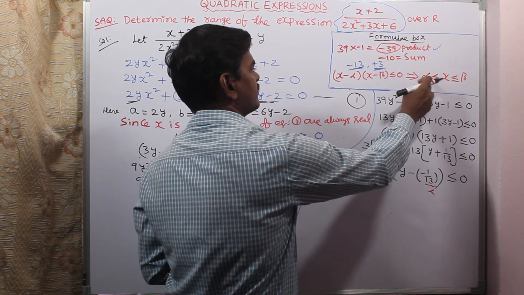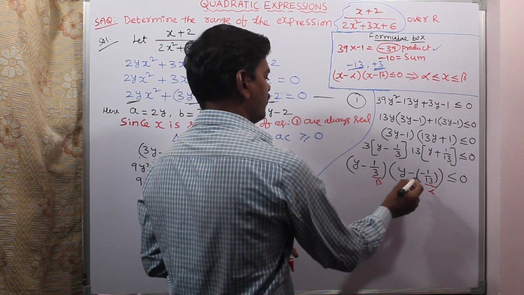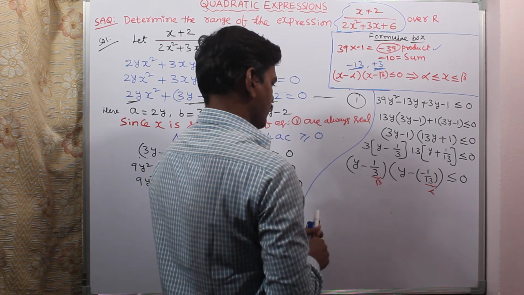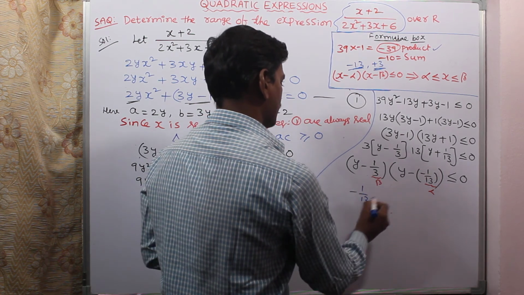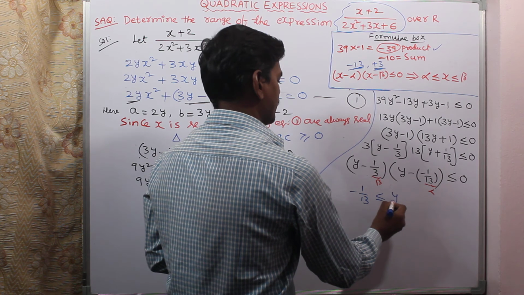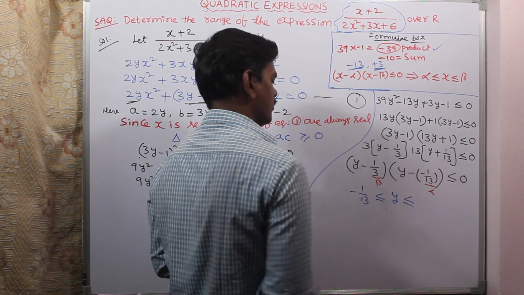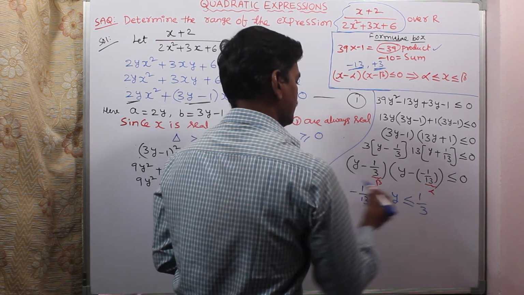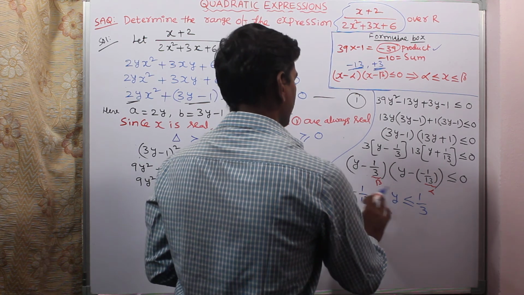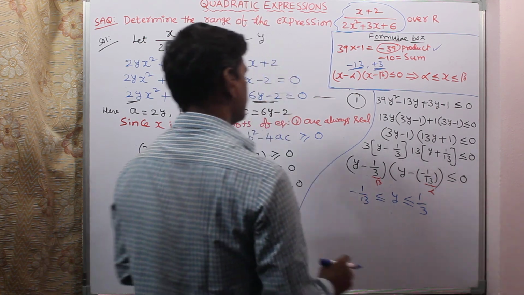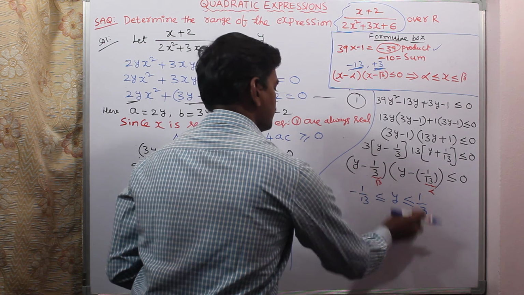So we can now write the formula. Alpha less than or equal to means minus 1 by 13 less than or equal to y, in place of x we have y, less than or equal to beta. Beta is 1 by 3. So y lies between these two numbers, meaning this is the minimum value of y and this is the maximum value.